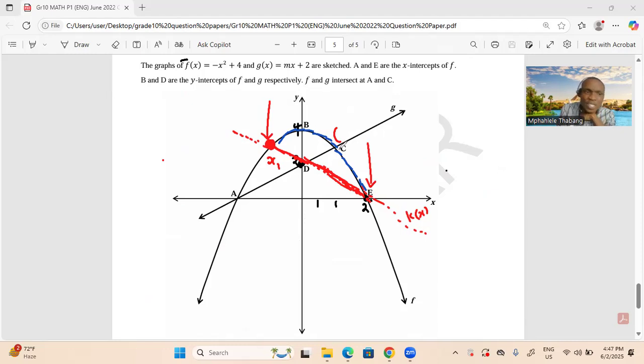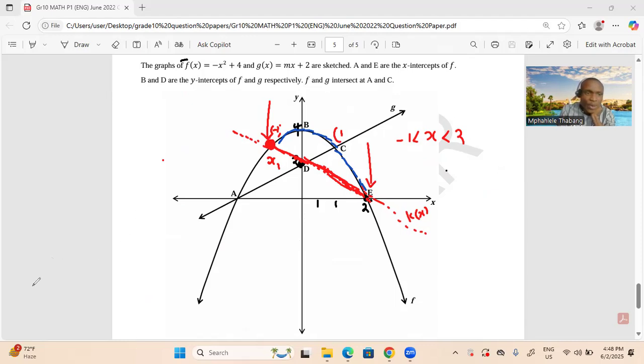What did we find when we were solving for x here? It was 1, so here the x value is going to be negative 1. So the function f is on top between negative 1 and 2. That's my take.